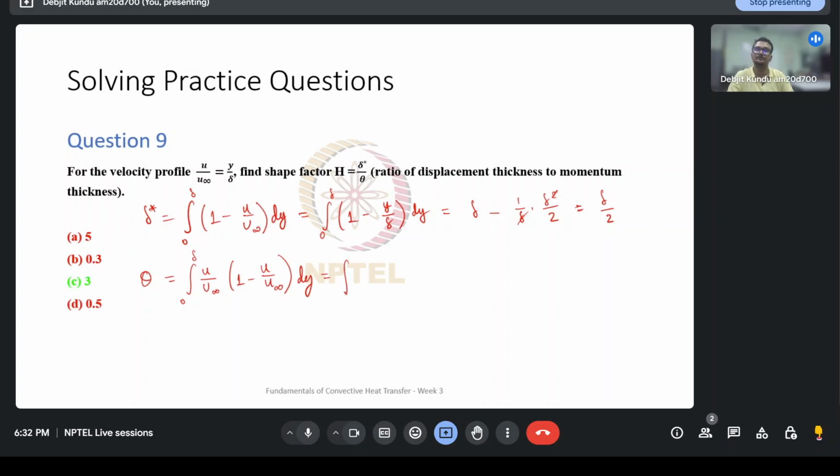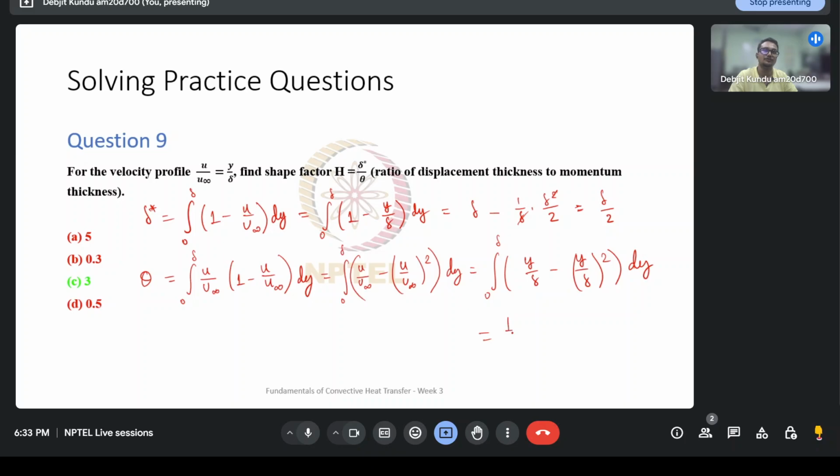So if we now compute, going from 0 to delta, the first term is u over u infinity minus u over u infinity squared dy. Now I'll replace them, 0 to delta. I have y over delta minus y over delta whole squared dy.